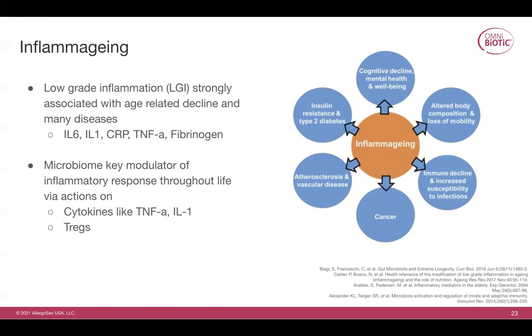The microbiome modulates our inflammatory response from a very early age, and some studies are now showing it begins in utero, actually, and it's not this completely clean and sterile environment. So again, it's not surprising that as the microbiome shifts away from healthy, we as a person do as well.